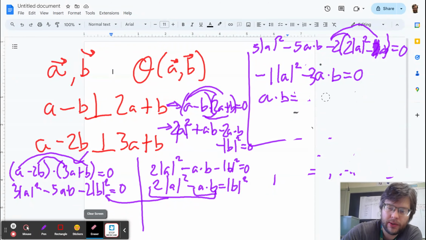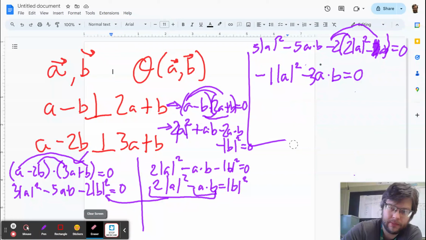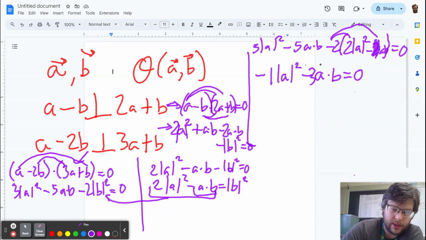What we're going to do is get an equation for the magnitude of A and an equation for the magnitude of B. And then we'll use that to find the theta. Okay, so we'll be okay here.